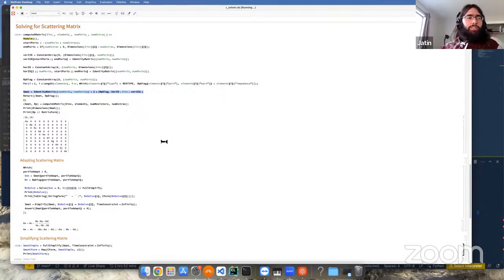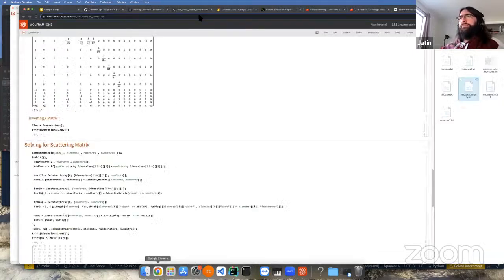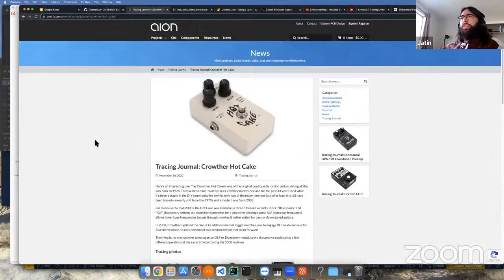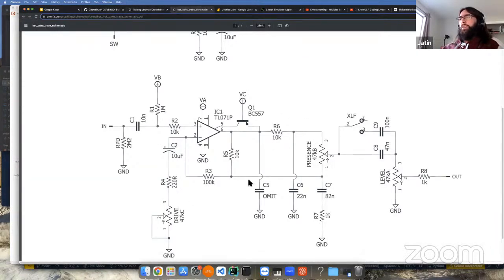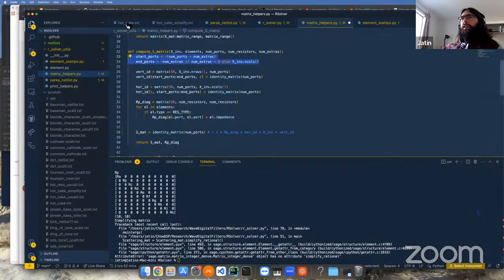Anyway. Oh, cool. George is here. Yeah, so we're working on doing an emulation of the Crowther Hotcake guitar pedal. And this is the circuit that we're working with. This is a good recap, actually. We've gone through drawing out different parts of the circuit and constructing a WDF netlist for it.